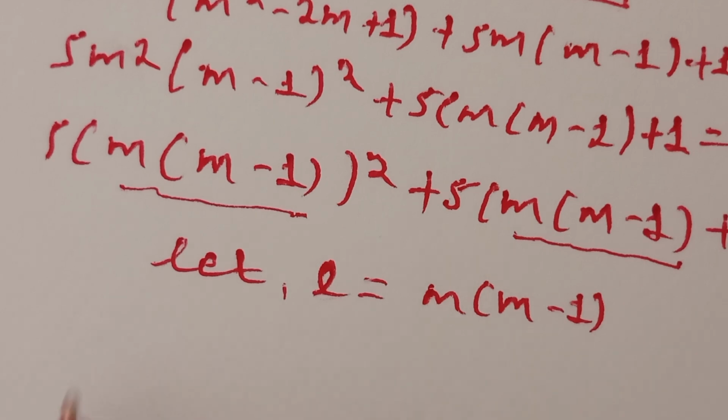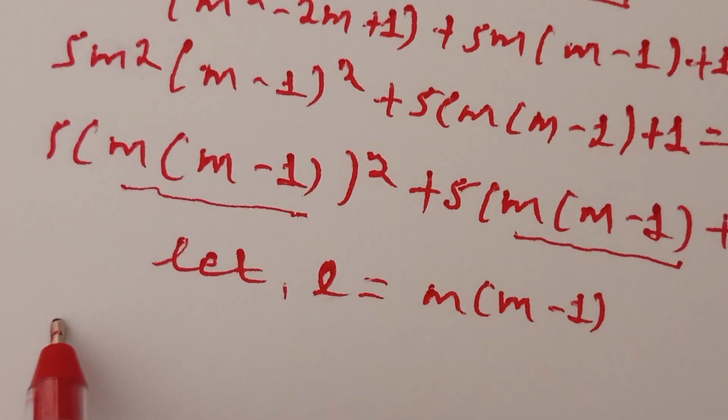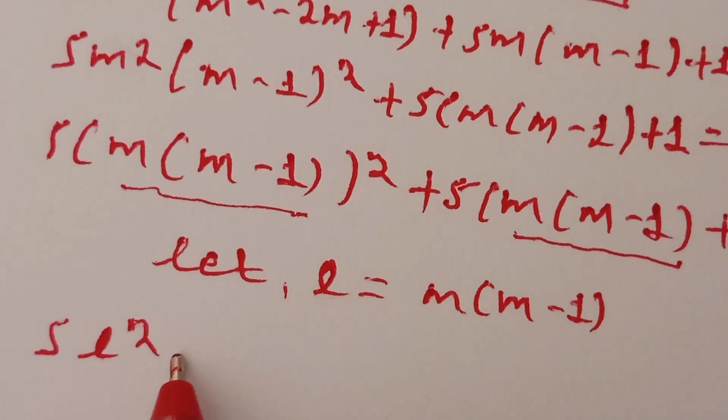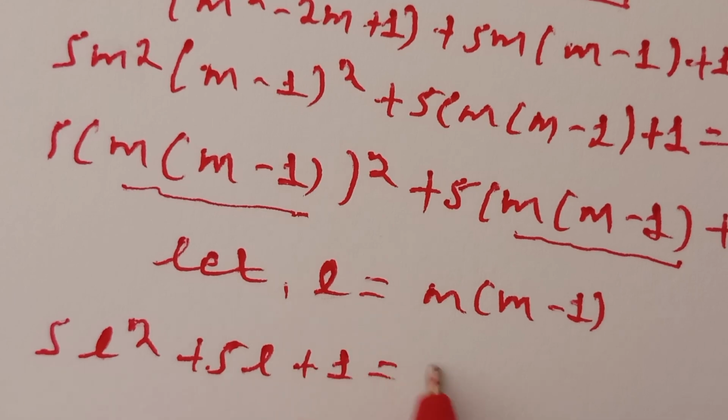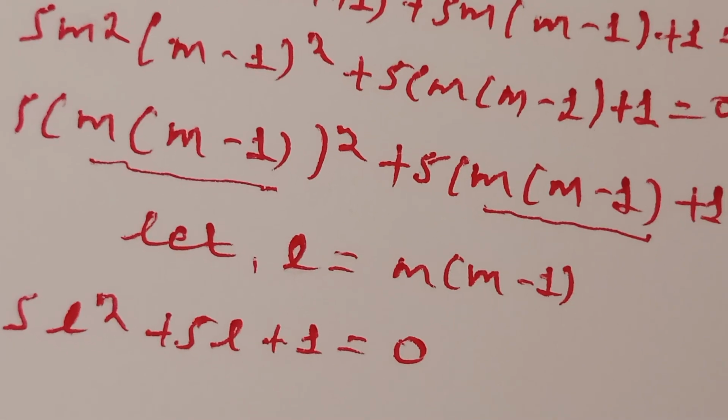So based on this, 5L squared plus 5L plus 1 is equal to 0.